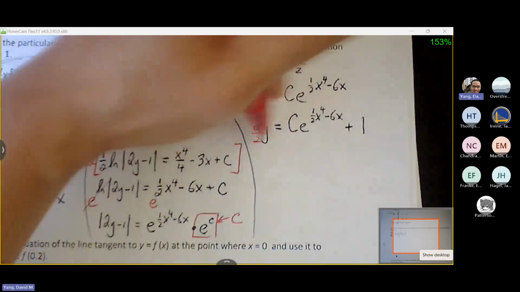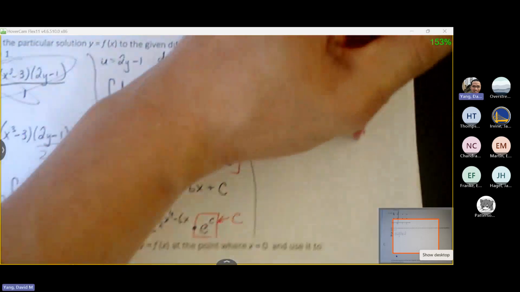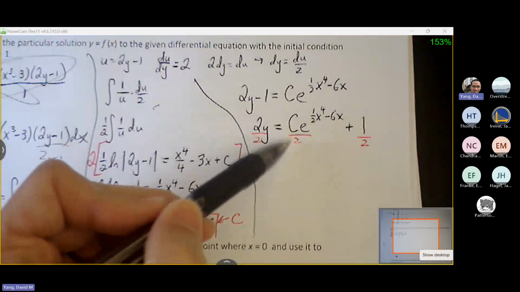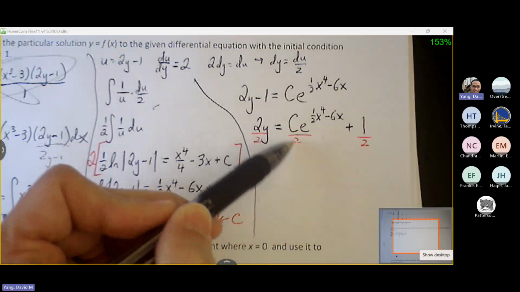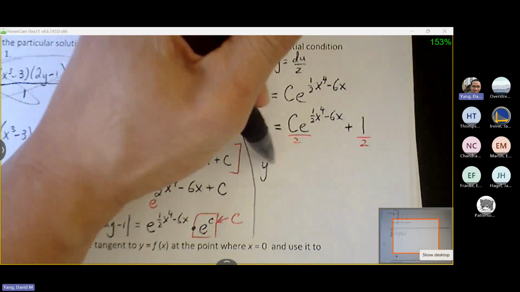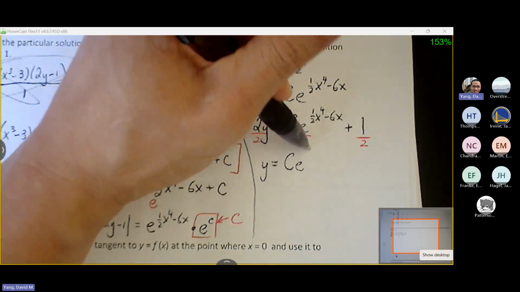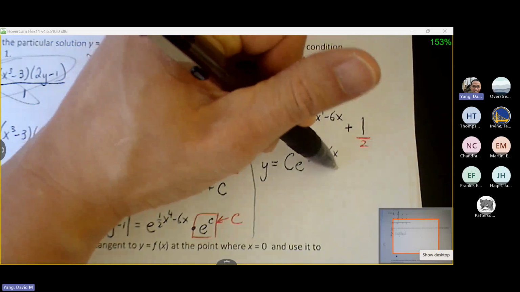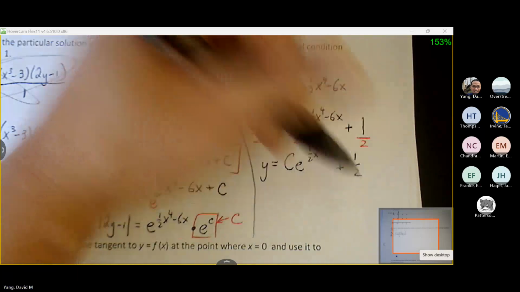So if I divide by 2, I'm dividing by 2 for both these terms, right? What's c divided by 2 going to be? Still c. So y is equal to c e to the 1/2 x to the 4th minus 6x plus 1/2.